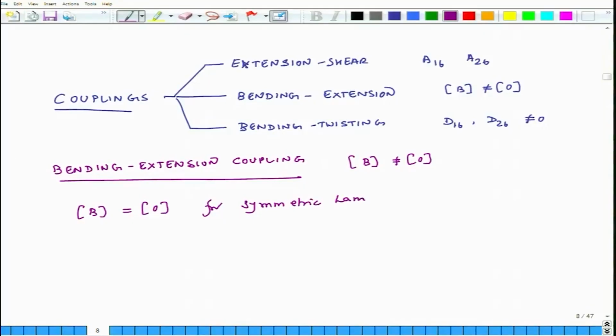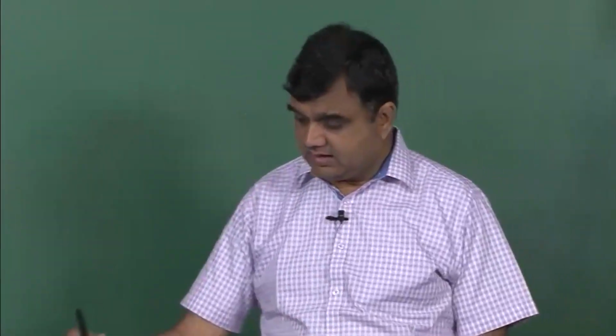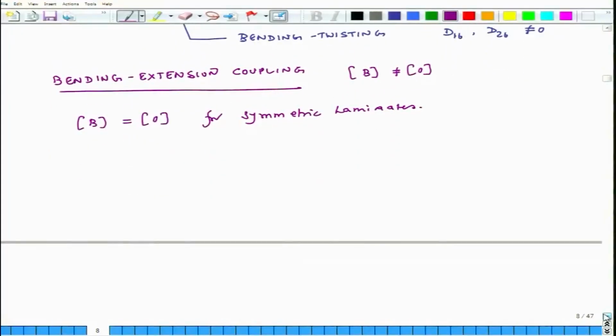That is, if there is a layer oriented at positive angle theta at a particular distance below the mid plane, and if there is a similar layer above the mid plane oriented in the same direction, then that kind of a laminate is a symmetric laminate. So, we will discuss this further.